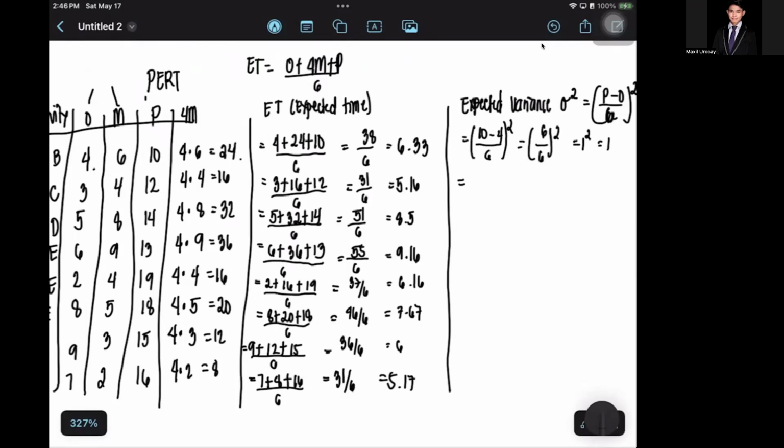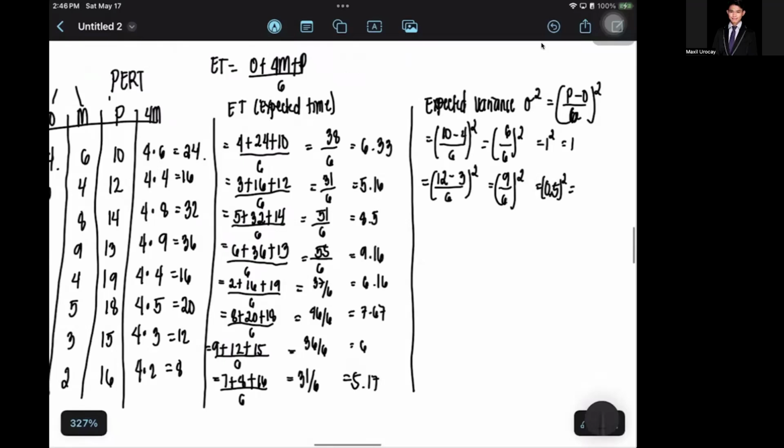And here then your P is 12 minus your O is 3, over 6, squared. 12 minus 3 is 9 over 6 squared, which is equal to 9 over 6, 1.5, squared. 1.5 times 1.5 is 2.25.